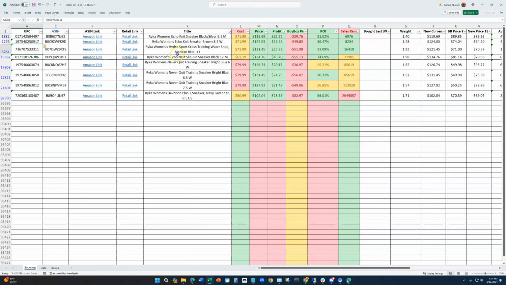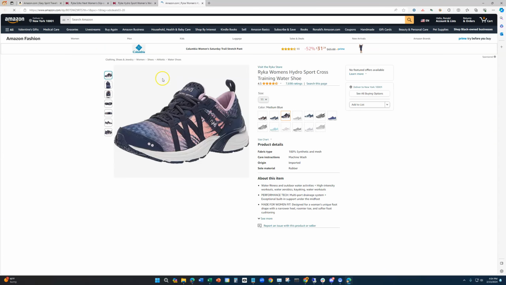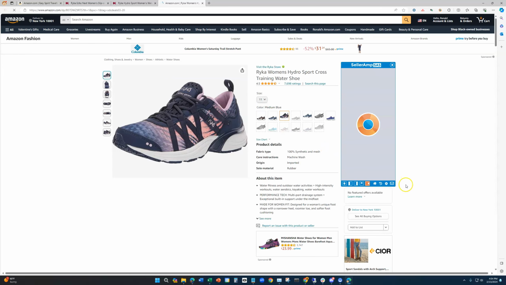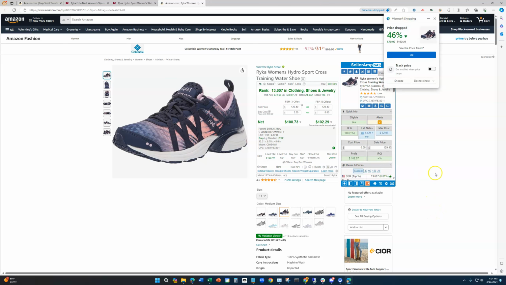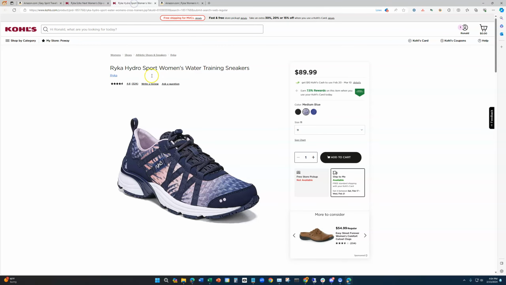So that one might be worth taking a look at as well, just to see if maybe Keepa shows a little bit more activity. So this looks like a good running shoe. Again, we're looking at size 11 in women's, which is relatively large, but again, people buy them and they can't find them in stores. That's where they're coming here.